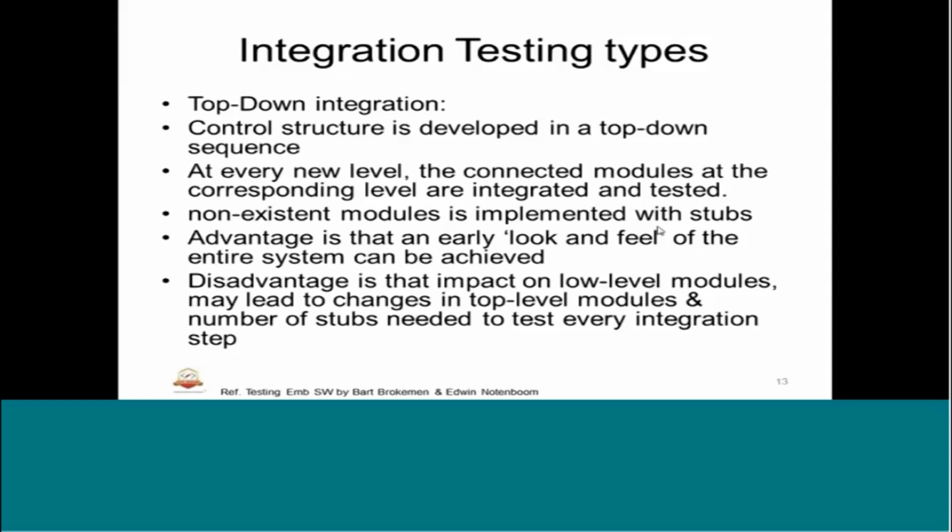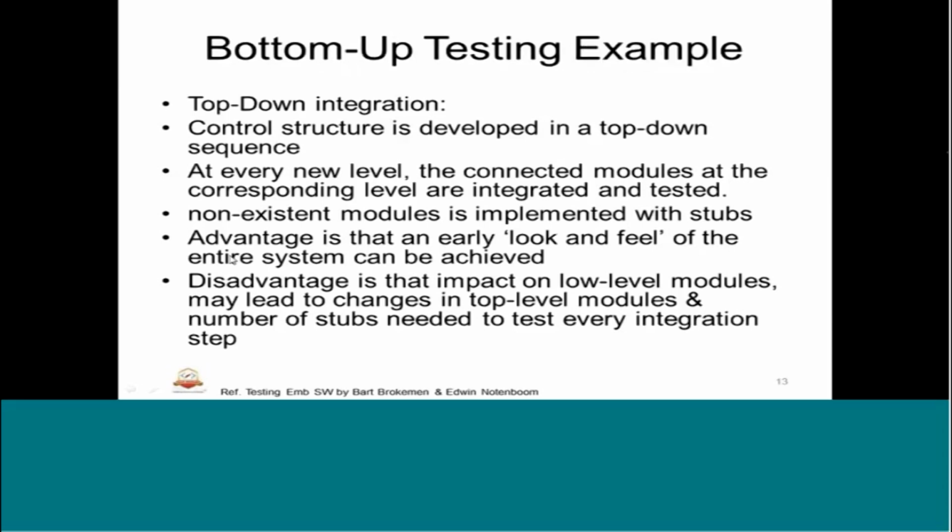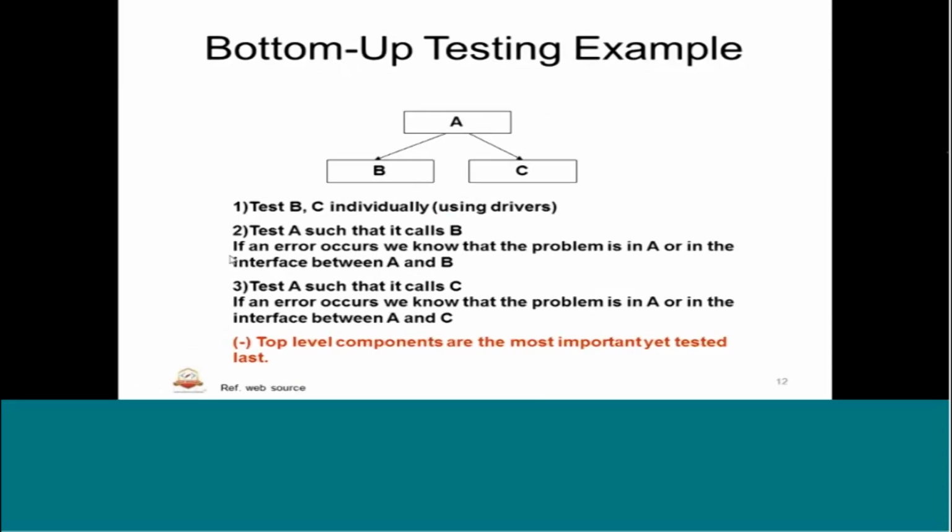And it may impact the low level modules because low level modules would not have taken care. So that could lead to changes in the top level modules. So that's the disadvantage. Basically we use stubs in top down integration and use drivers in bottom up integration testing.